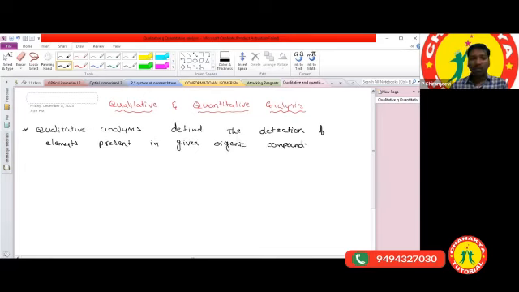It is the detection of the elements present in a given organic compound. So qualitative analysis is the process of detecting the elements present in a given organic compound.